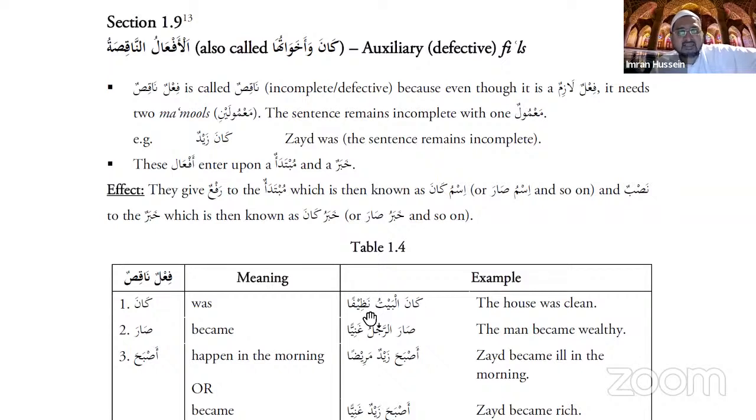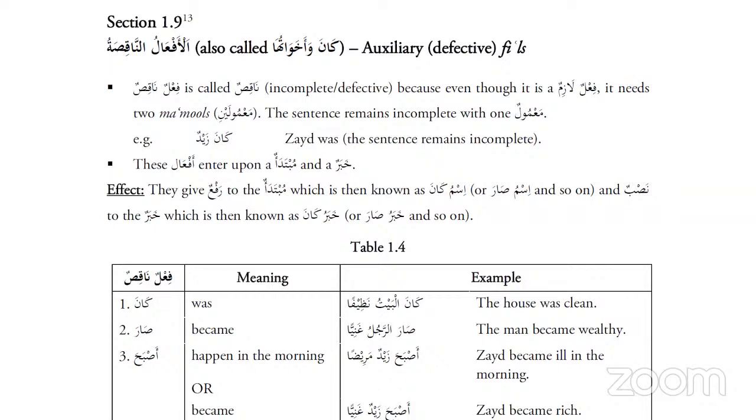That's what ma'mulain means. Ma'mul means a thing which has been acted upon. Ma'mulain means two things which have been affected. It's not because of al coming in front, just giving one dhamma. No.